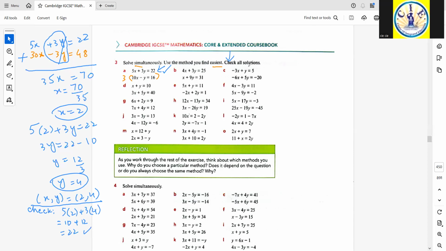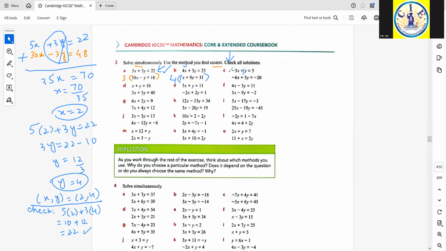Now in the whole of the parts in question number 3, we will be finding one variable with coefficient 1, like here, like here, and so on. In that case, it would become easy if I multiply this whole equation with 4, so that I can get 4x as in the other equation.